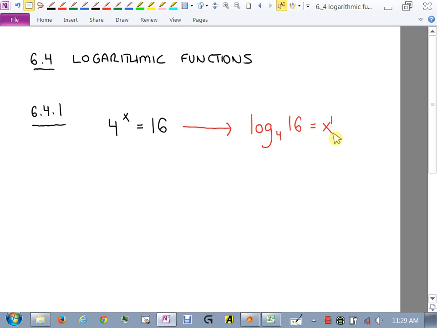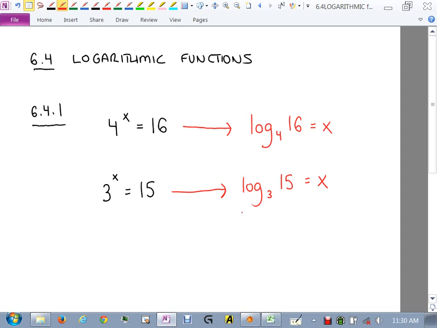Let me give you another example. If I write down 3 to the x is 15, how would that be converted into logarithm notation? Log, and we would say base 3 of 15. That's the way we'd write that.